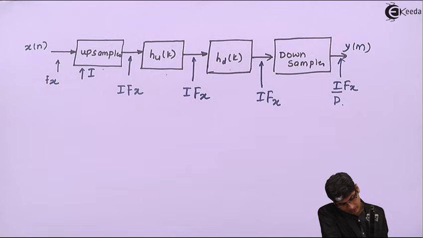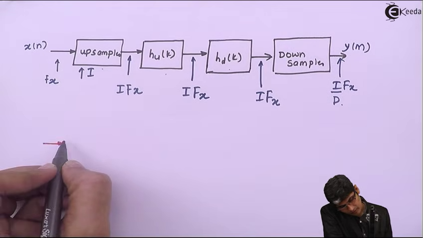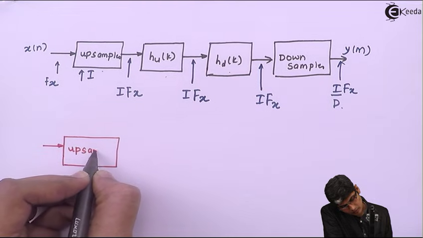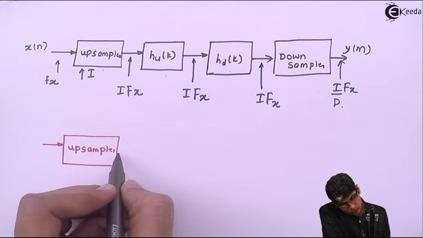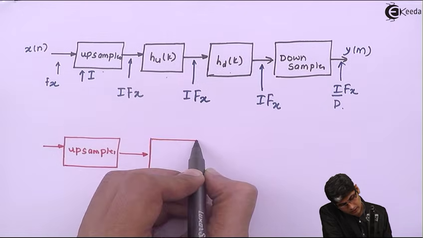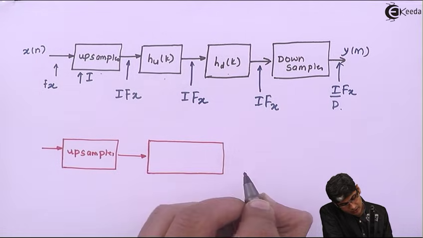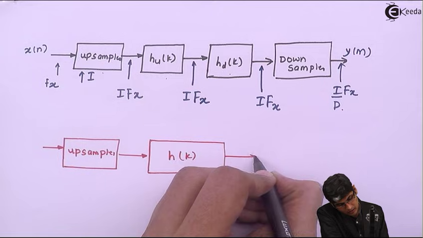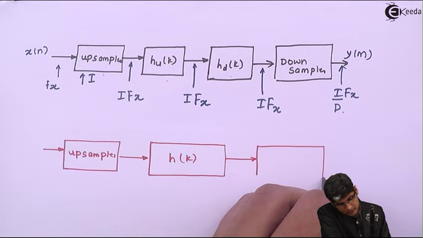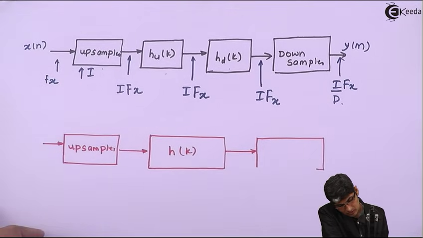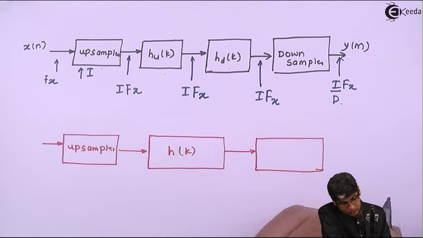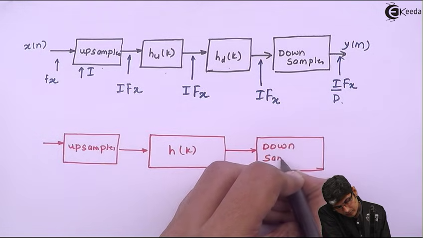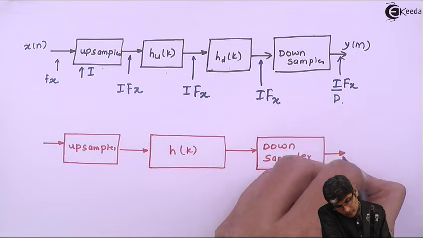The compressed version of this is drawn as: we have an upsampler, then I combine these two filters and get one filter, let's say h of k, and lastly my downsampler.